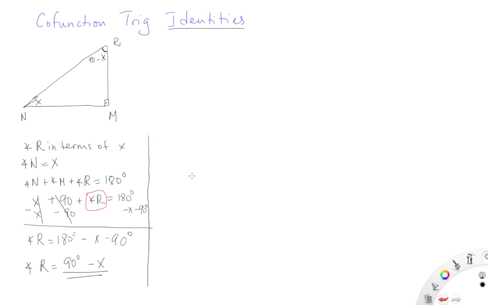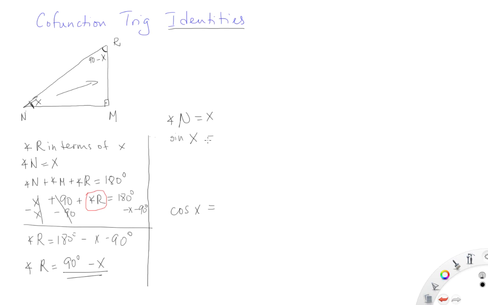The second question that you have to answer is find out the sine value for angle N and the cosine value for angle N. Let's first start with the fact that angle N is equal to X. So I want to find sine of X, and then cosine of X. Well, sine of X is the opposite side divided by the hypotenuse.